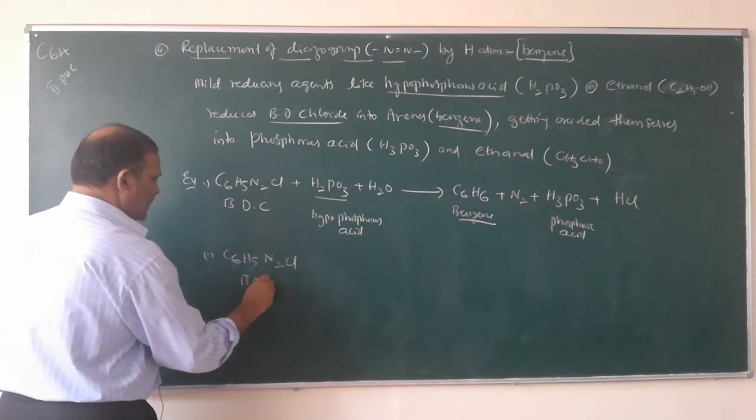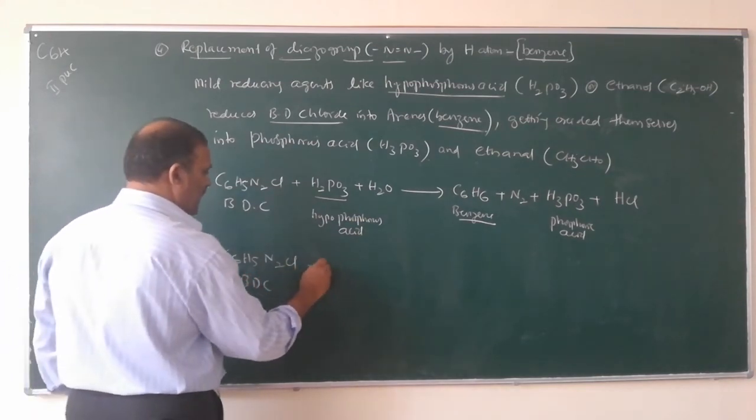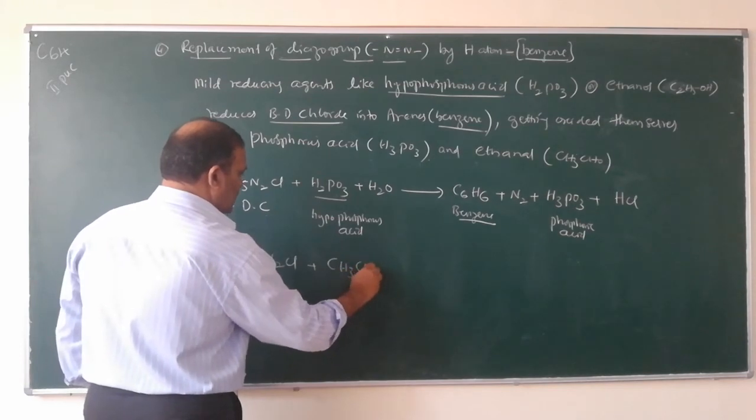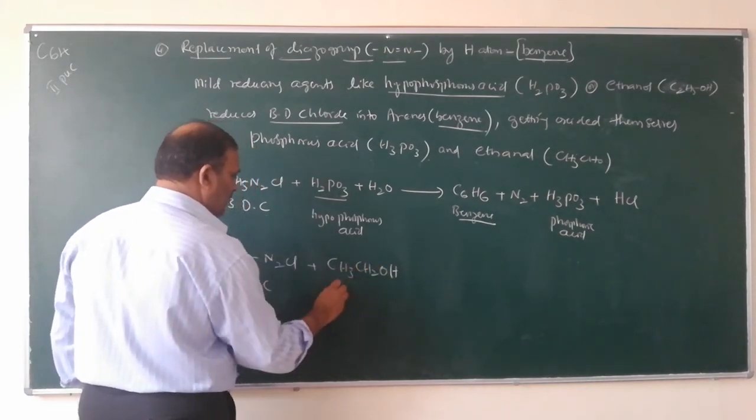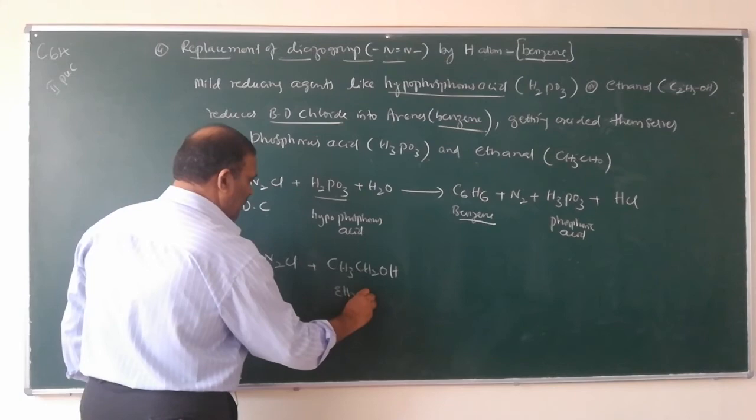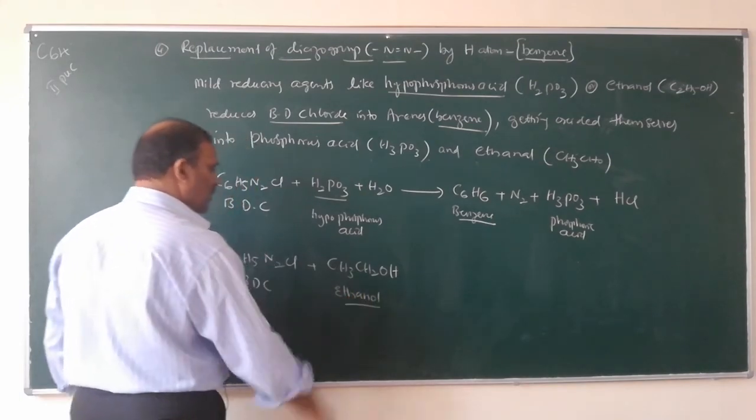C6H5N2Cl, this is benzene diazonium chloride, plus CH3CH2OH. This one is ethanol, an alcohol.